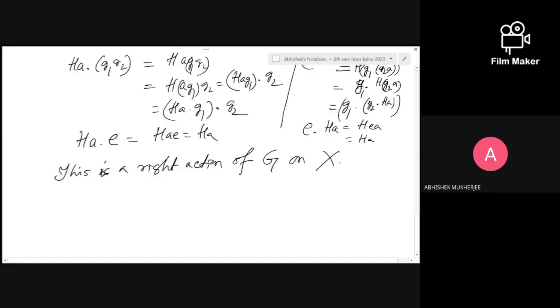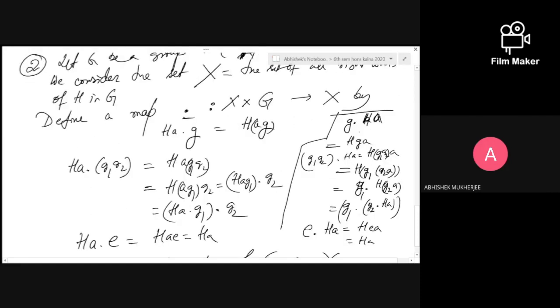And also we can consider this action which is from left. This is a left action, but you need to define it in this way.